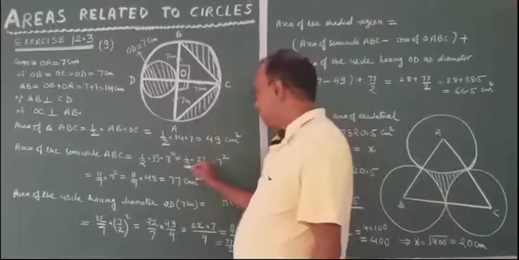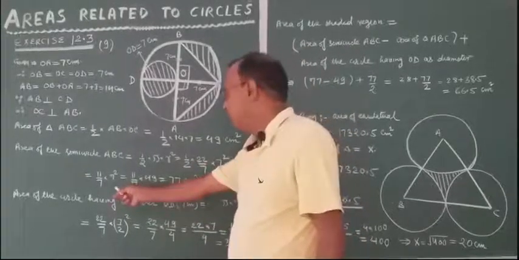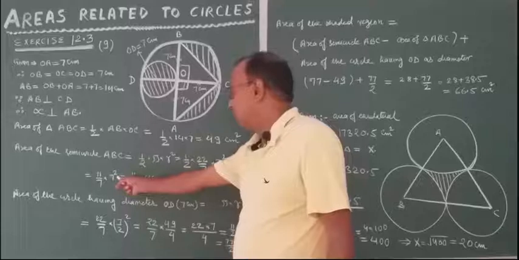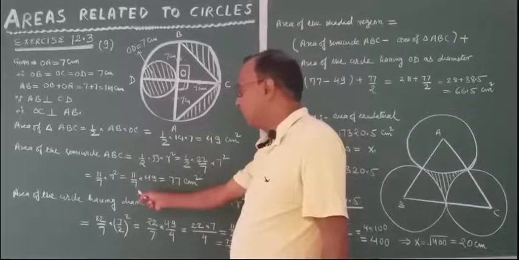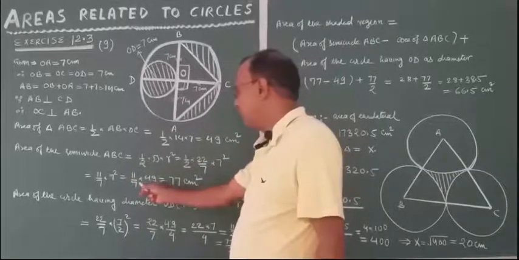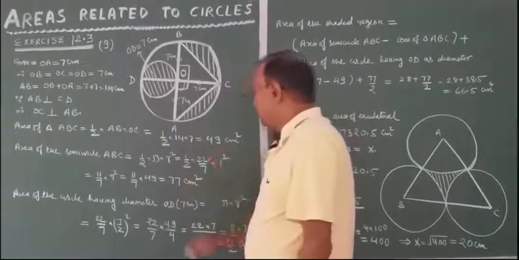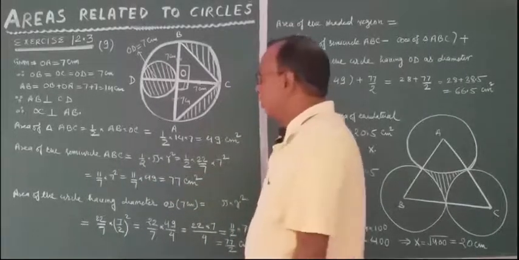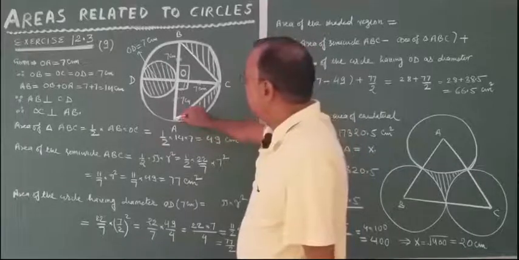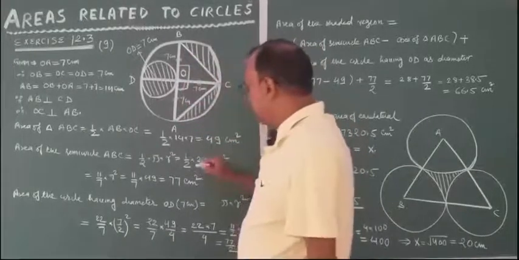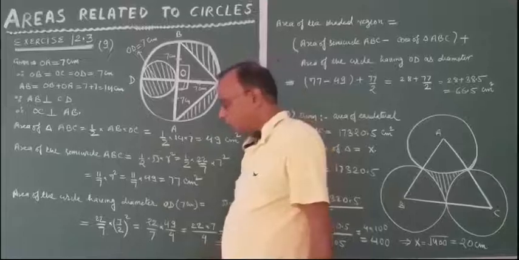So this is 11 upon 7 into 7 square. 7 square is 49, so 11 into 7 is 77 centimeter square. So the area of this semicircle ABC is 77 centimeter square.